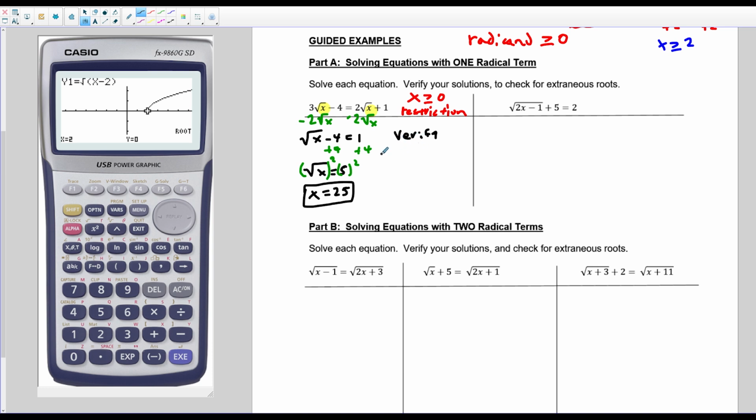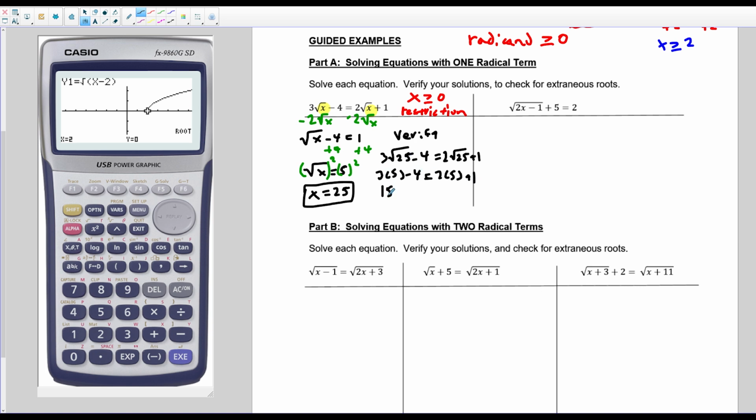So we'll have 3 times the square root of 25 minus 4 has to equal 2 times the square root of 25 plus 1. All I've done here was, instead of having an x in my equation, I'm just going to put that 25 back in there. So this means I have 3 times 5 minus 4 has to equal 2 times 5 plus 1.